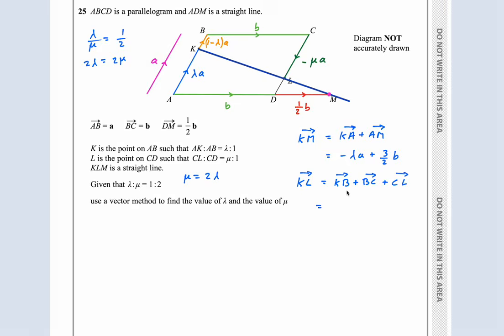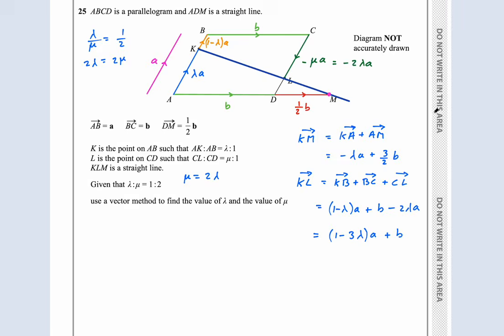And that is 1 minus lambda A plus B minus mu A. But as I said, guys, mu is 2 lambda, so let's make this minus 2 lambda A. Instead of minus mu A, it's minus 2 lambda A. I'm going to simplify this a bit and subtract this 2 lambda here. So this is actually 1 minus 3 lambda A plus B.